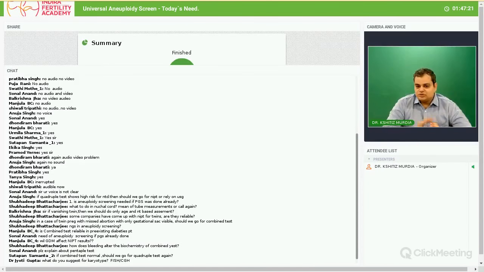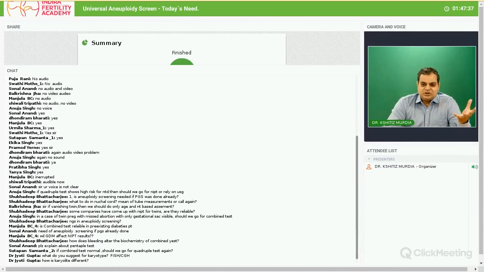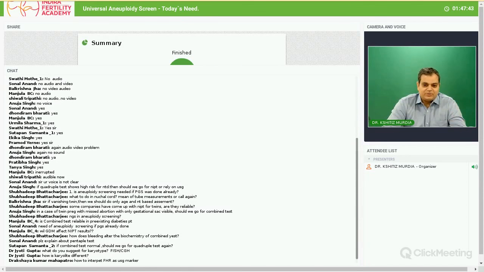Some say it won't get affected. So, as I discussed, there is no consensus on this matter. You can definitely go ahead with the combined test then and there, but it seems logical that the patient is bleeding and must be more worried about the safety of the pregnancy rather than aneuploidy at that time. So let's wait for some time, let the bleeding stop and her mental status be in a normal state, and then we can talk to them about aneuploidy.